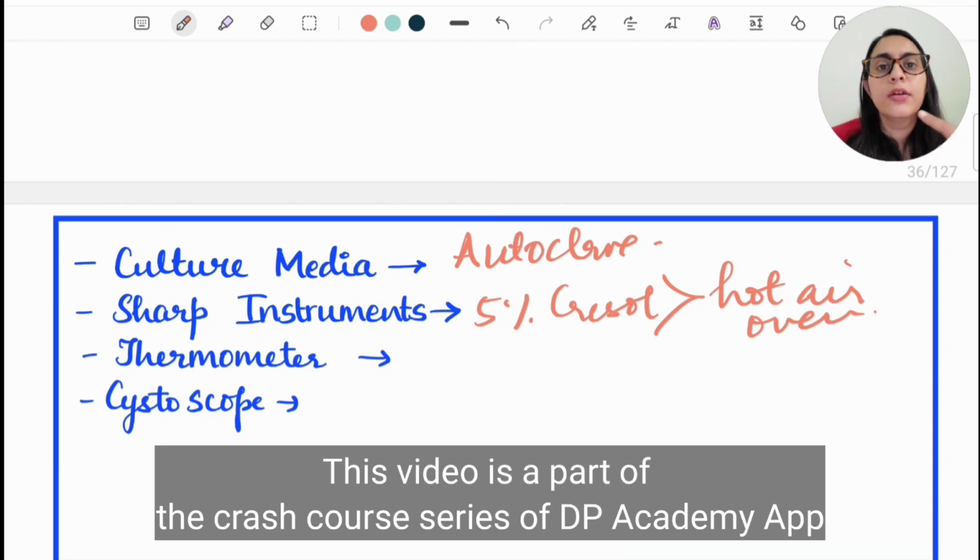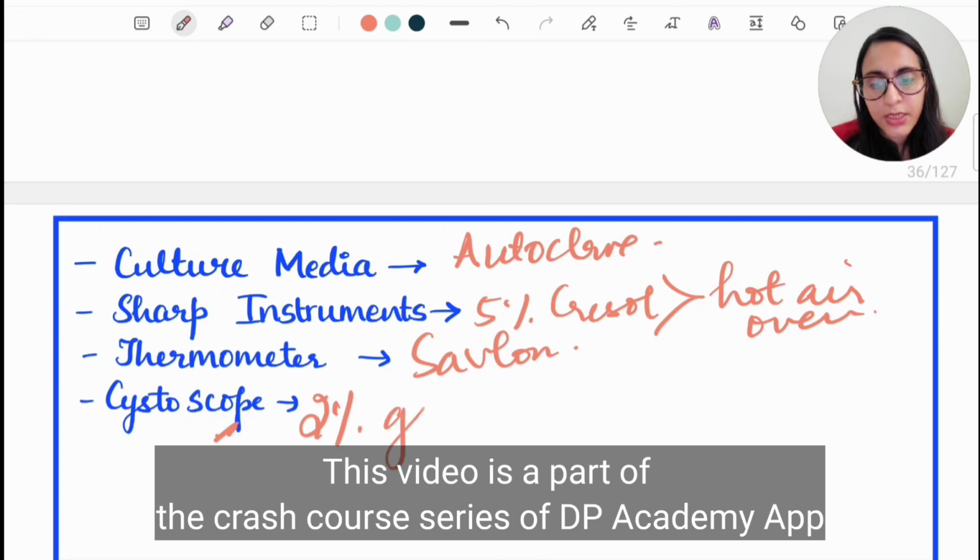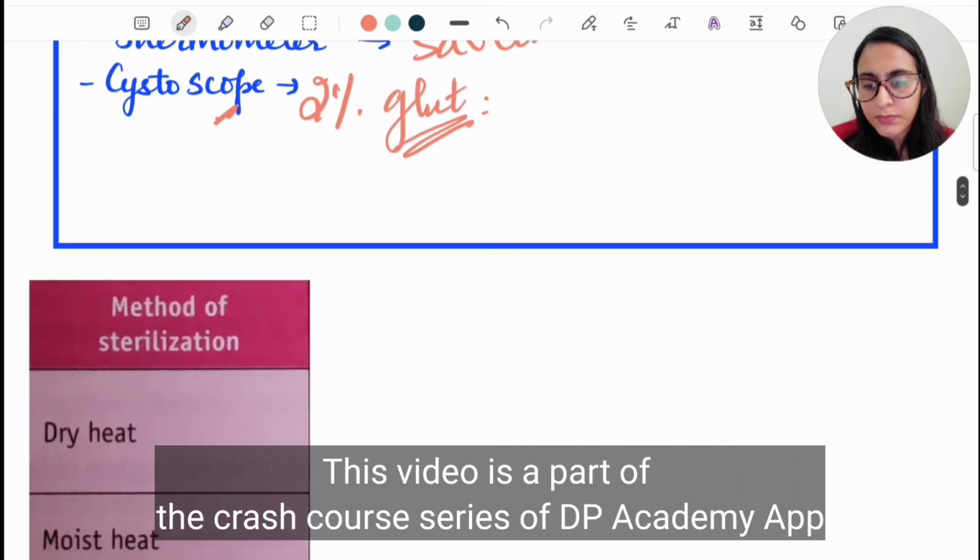So glutaraldehyde cannot be used to sterilize or disinfect the thermometer. Then what can we use to disinfect the thermometer? It is Savlon. Cystoscope, bronchoscope, laryngoscope, endoscope, all these scopes can be sterilized or disinfected by 2% glutaraldehyde, which is also known as Cidex.